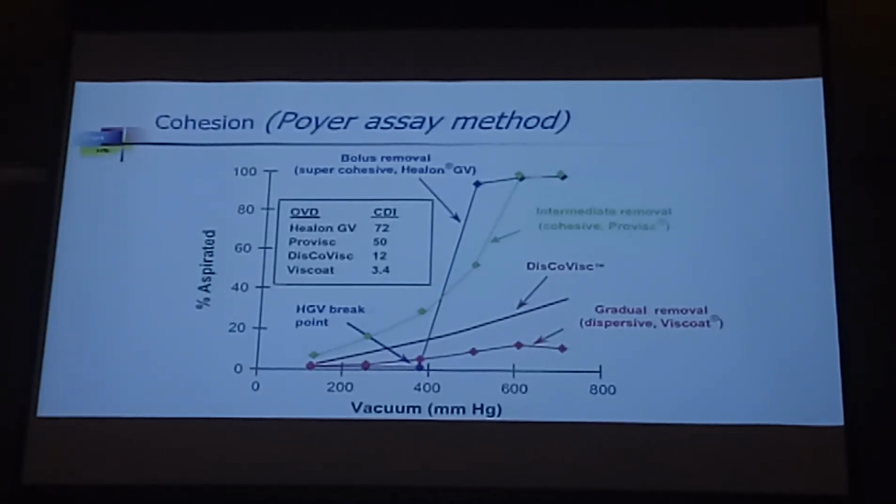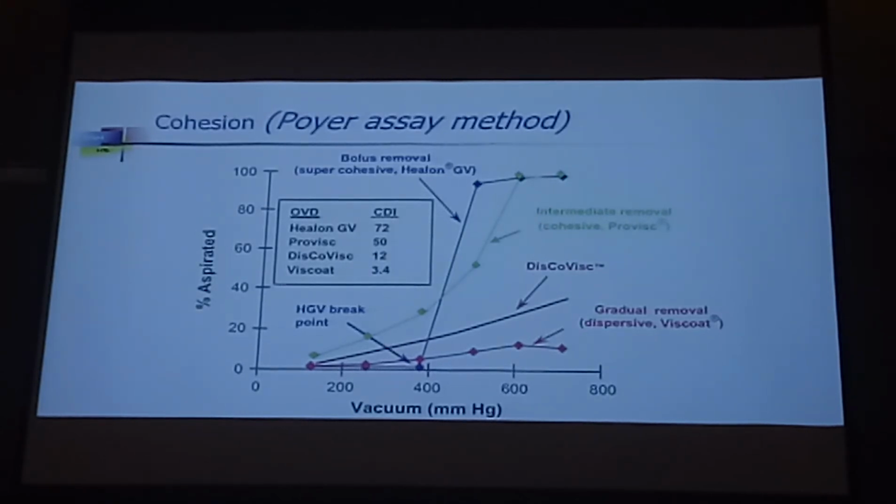Between flow pump and vacuum pump, which is more efficient in removing viscoelastic? If you are using a flow pump, you have to use higher flow, 30, for example. You just want a quick draw in of fluid and to reach your vacuum as fast as possible.